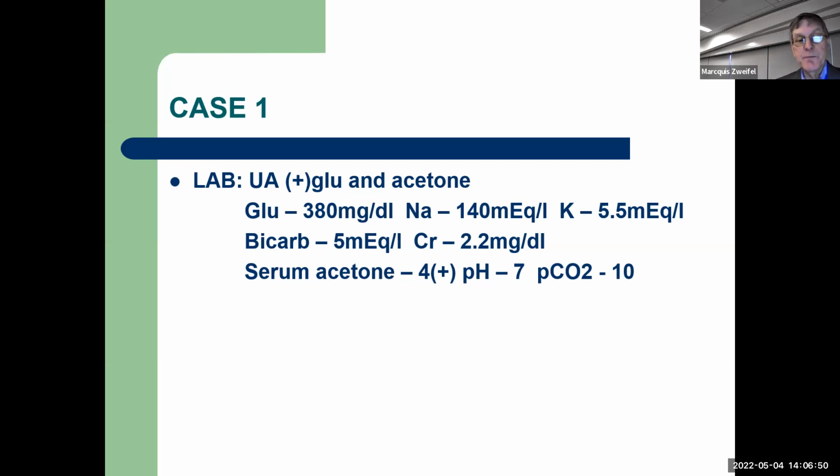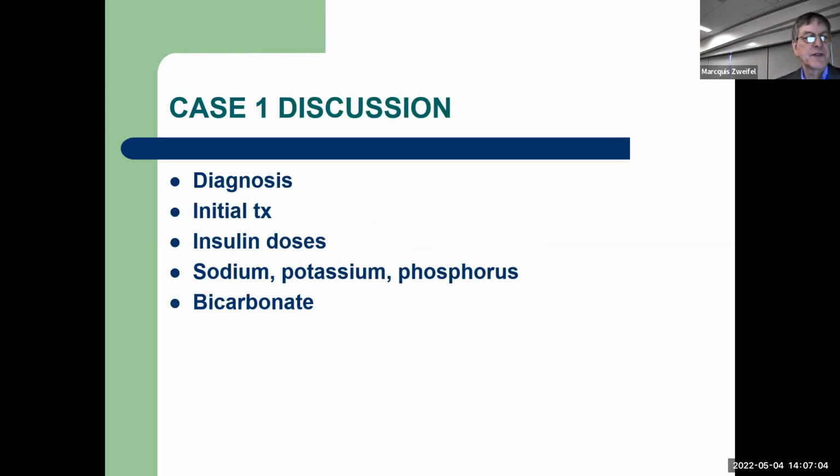Sodium 140, potassium 5.5, bicarb 5, creatinine 2.2, acetone 4+, pH 7, PCO2 10. And so we're going to talk about diagnosis, treatment, insulin doses, and the electrolytes that you see there.